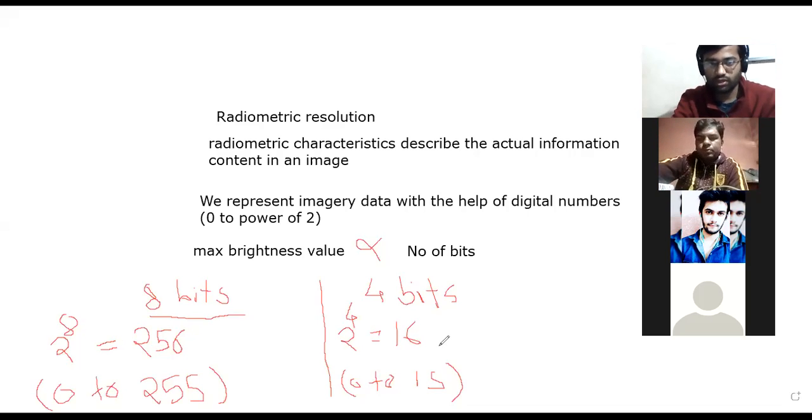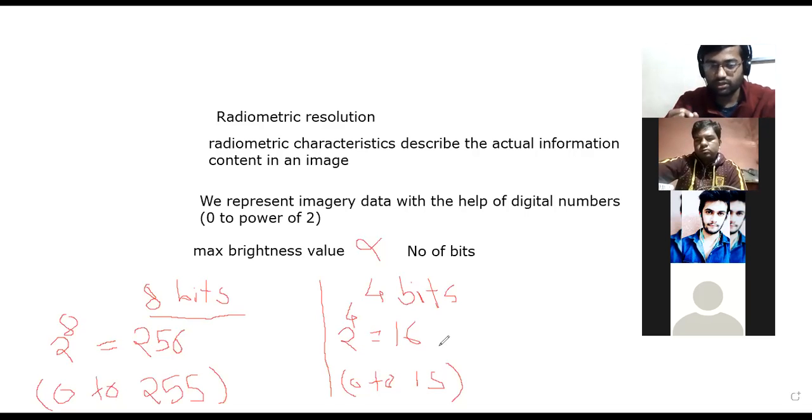We have 2-bit imagery, 4-bit imagery, 8-bit imagery. Any digital imagery is represented with the help of pixels; so far we saw it in terms of pixels, and now with radiometric resolution we are representing it with the help of bits.